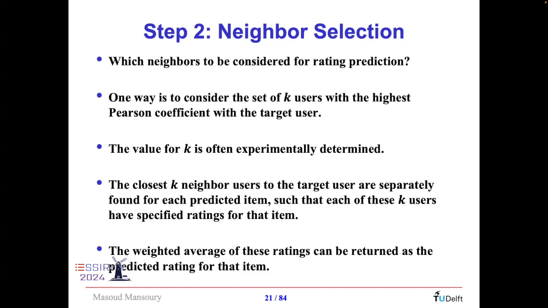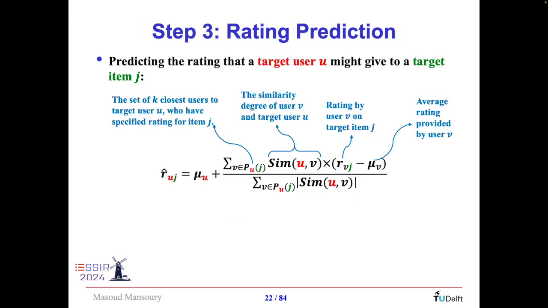One way, which is also best practice and which we also use in our work, is that we select k users among all the neighbors, or the similar users, we computed in the previous step. The value for k is of course a hyperparameter. We tune it experimentally, select the best value, and we use those k neighbors as the neighbors for the target user, and also use their opinion for predicting the rating.